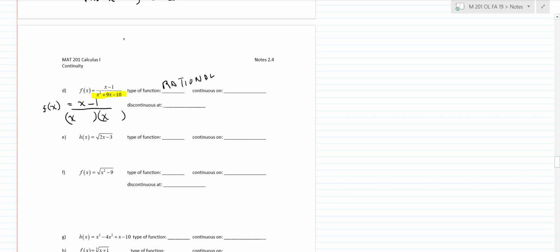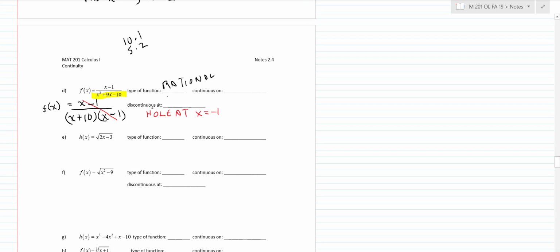For the 10, what do you use? You've got two choices, 10 and 1, or 5 and 2. You use 10 and 1 because you want the middle term to add to 9, so this would actually be x plus 10, x minus 1. Okay? Now, you do have a cancellation here, so you do have a hole. It's probably good to write down that you have a hole at x equals negative 1.